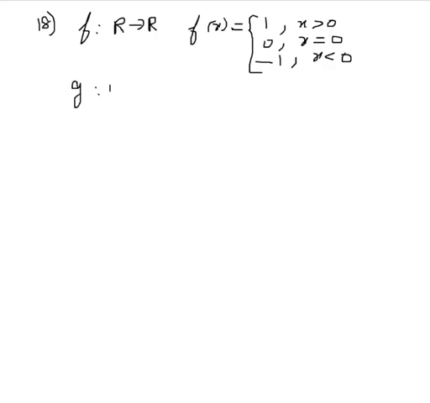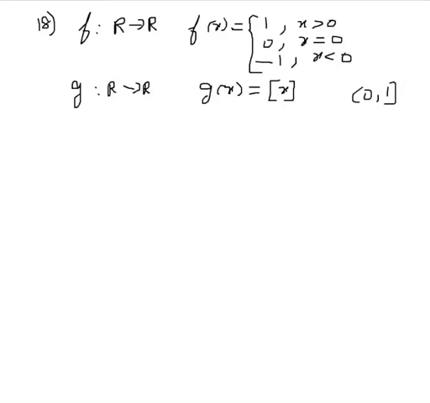And g is a function from R to R, the greatest integer function. So g(x) is the greatest integer function. Then, do f composite g and g composite f coincide in (0, 1]? Let us give a counter example for this.